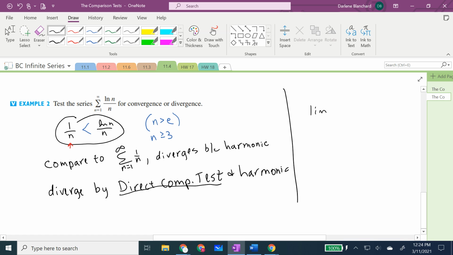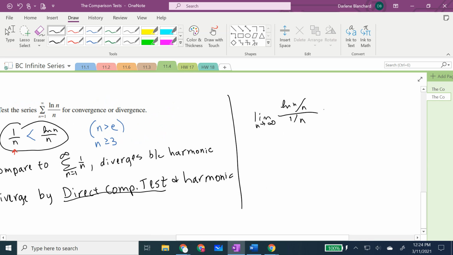So if I have the limit as n approaches infinity of the formula I was given divided by my comparator, this is equal to the limit as n approaches infinity of natural log. And what do we happen to know is that answer? It's not finite.